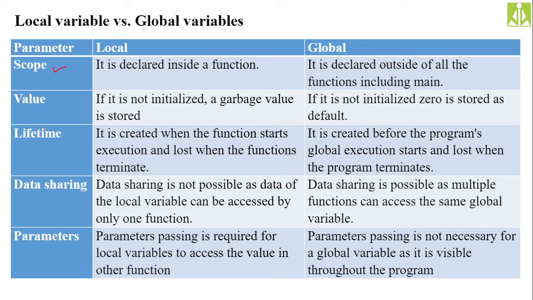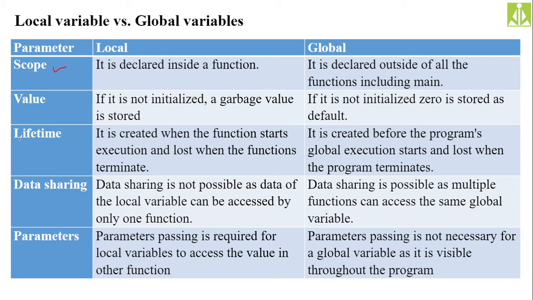For global variables, the lifetime is throughout the program. They are created when the program execution starts and lost when the program execution terminates. As these variables are not limited to any block, they will remain alive and available as long as your program is under execution.